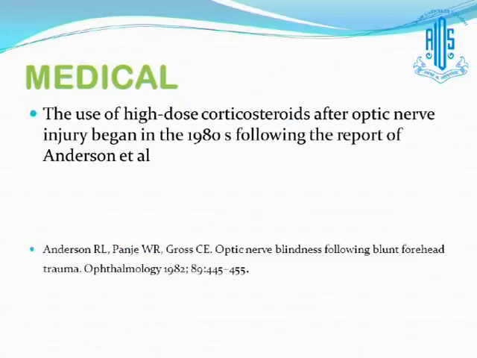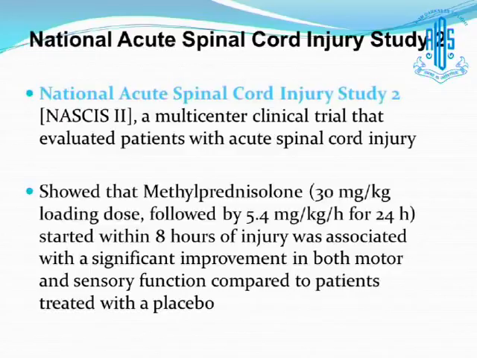The use of high-dose corticosteroid for optic nerve injury began in the 1980s following a report from Anderson et al. The vast majority of us base our steroid treatment on the landmark study called the National Acute Spinal Cord Injury Study 2, that is NASCIS 2.